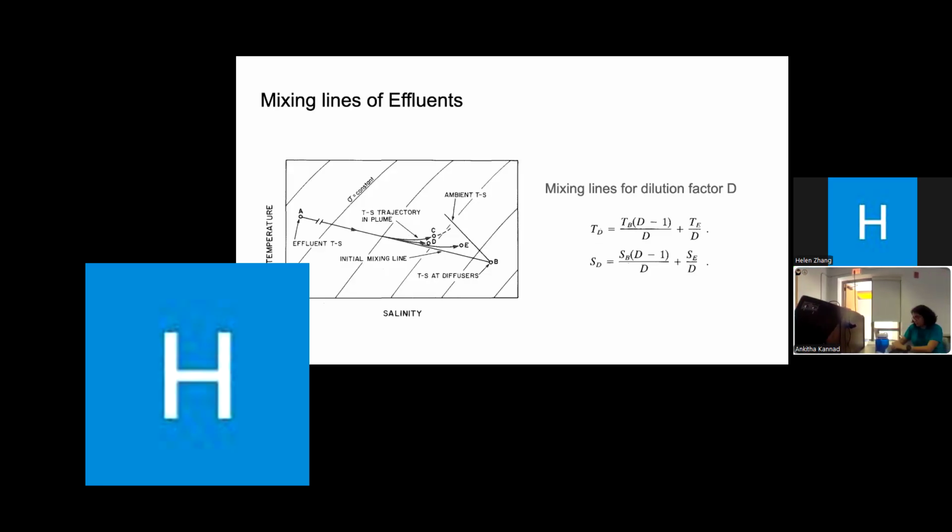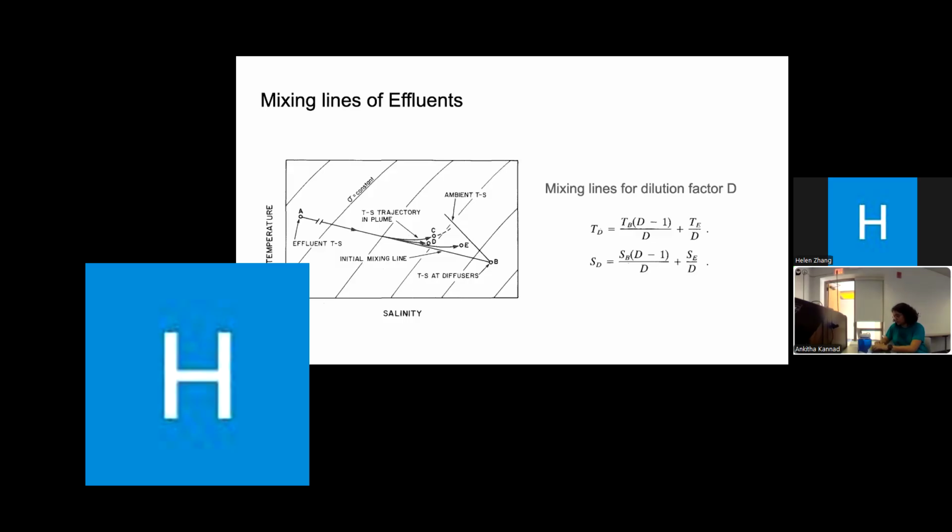So what mixing does is, when the two water parcels combine, they want to stay on this line, but then eventually, depending on what kind of mixing is occurring, and all sorts of nonlinear combinations thereof, these points will veer off that line in a curve, in a family of curves.